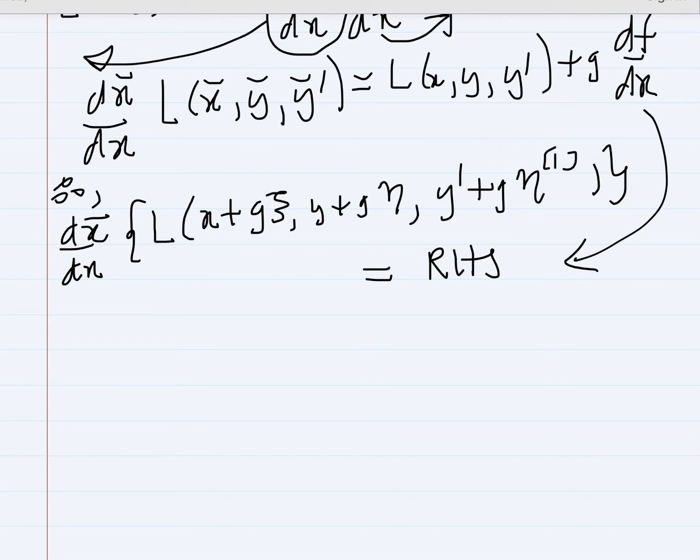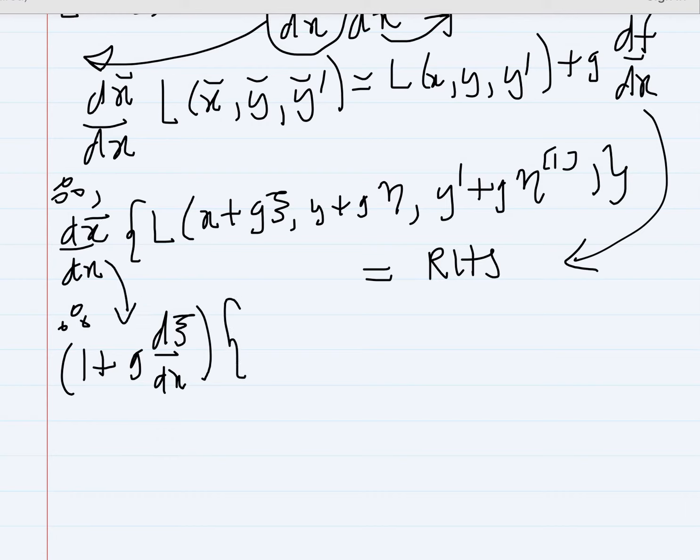Now let's do some expansions. If you differentiate x bar with respect to x, you get 1 plus g times the derivative of xi with respect to x totally. That is this term here.